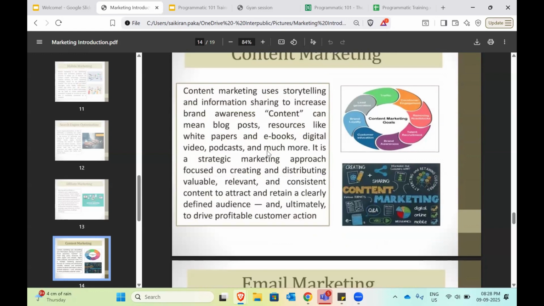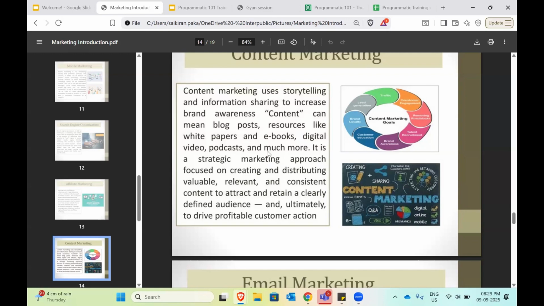Content marketing is more like writing blogs, guest posts, or resources like ebooks, or doing a podcast. Basically, it's creating content, an approach where you reach out to the user with the content.